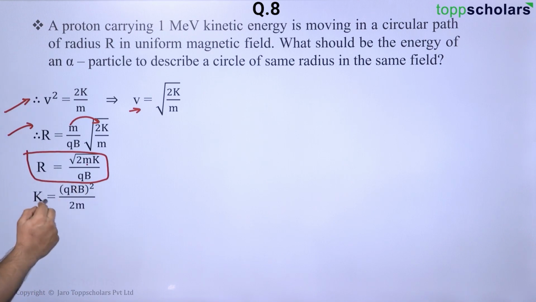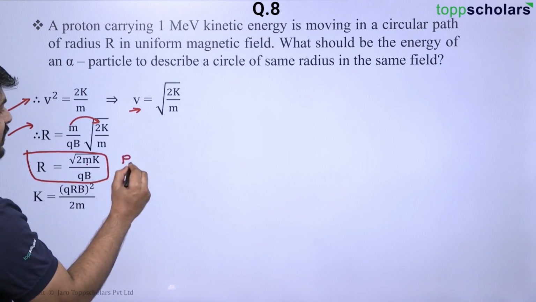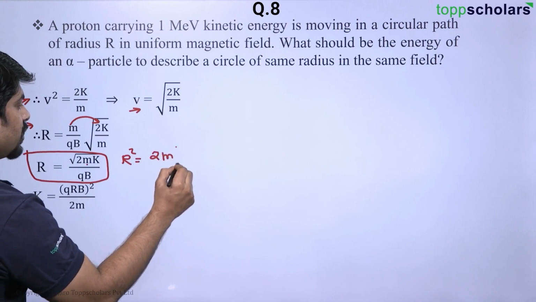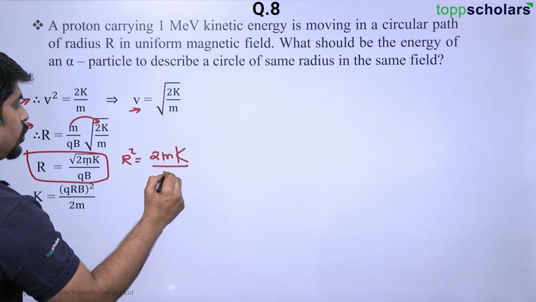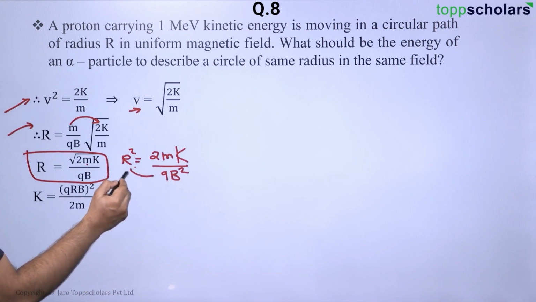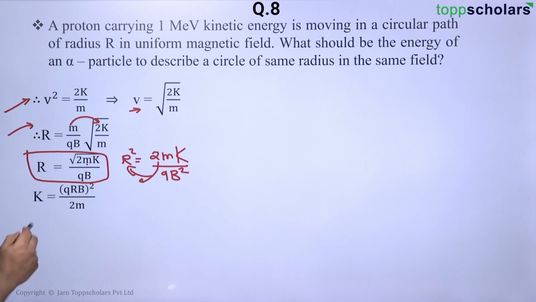After squaring, we get K equal to (qRB) whole squared upon 2m. We squared r, the root is gone, giving 2mK upon qB whole squared, then took the 2m to the other side in the denominator, and what we get is the value of K, that is kinetic energy.